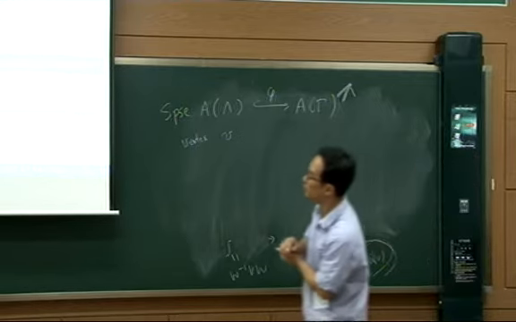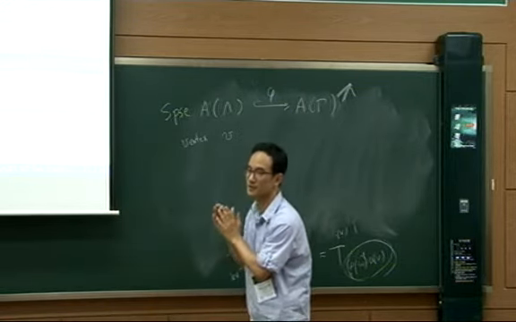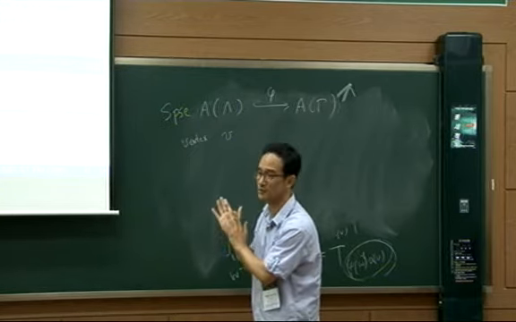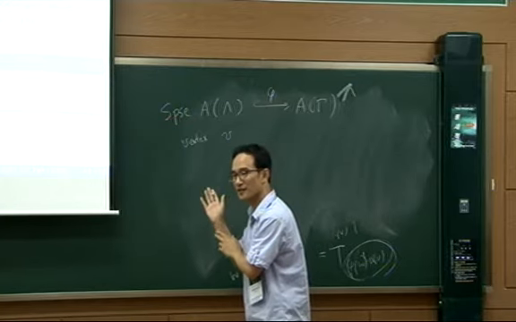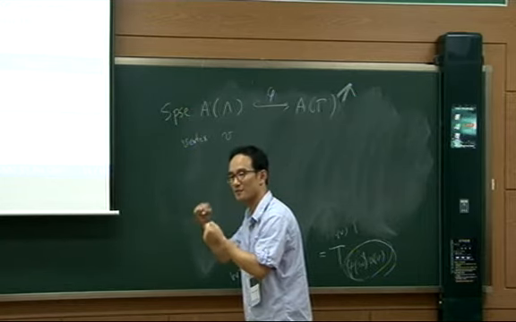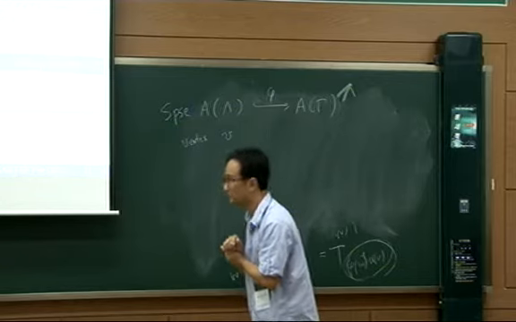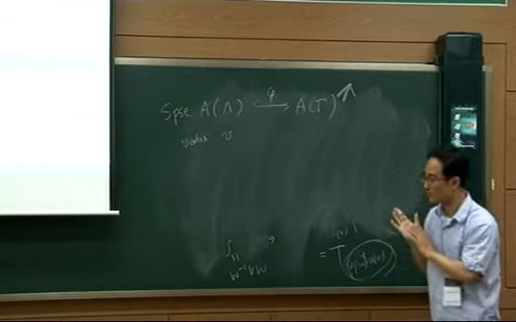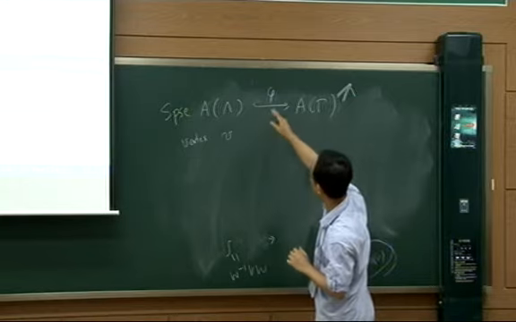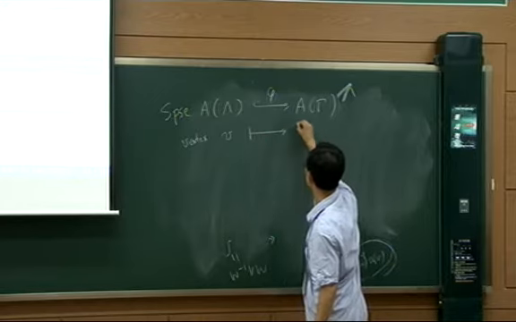A pure factor means its support, the smallest possible reduced subgraph that contains the word. So it doesn't matter whether gamma opposite is connected or not, because even if gamma opposite is connected, this subgraph might not be connected. So there are non-trivial pure factors. We fix the map. We suppose there is an embedding between two Artin groups, and a vertex will map to a certain multiplication of pure factors.